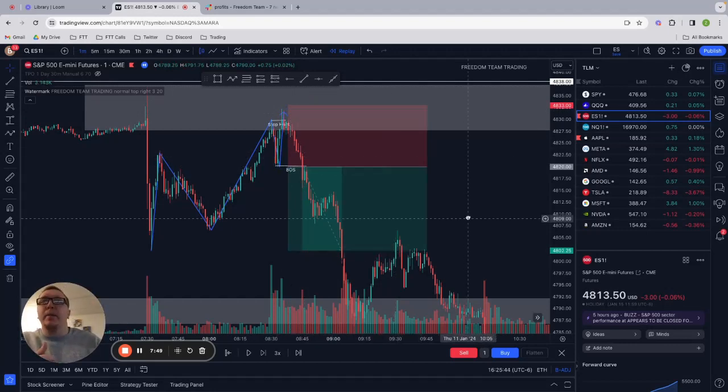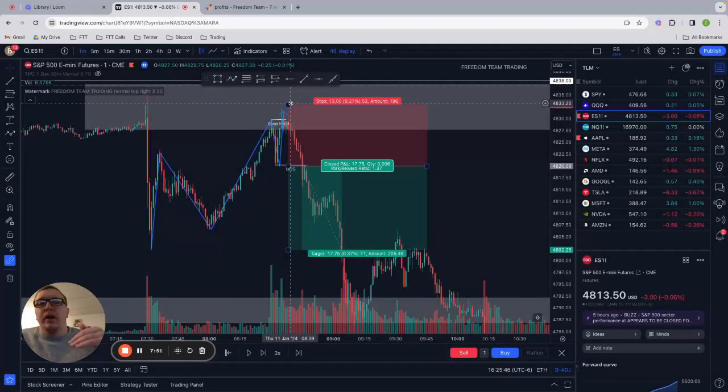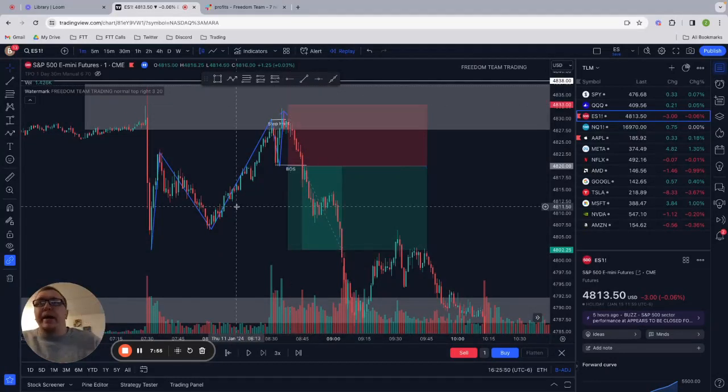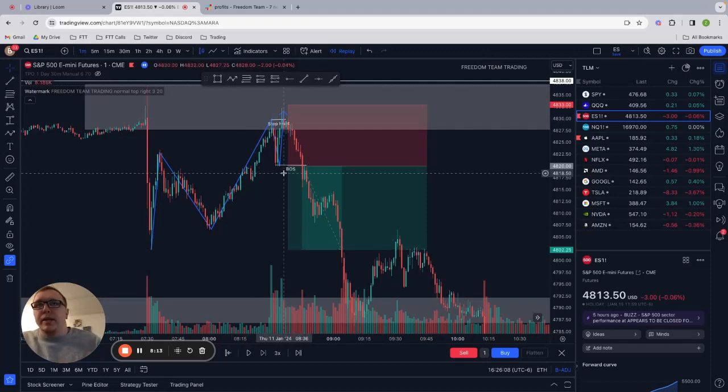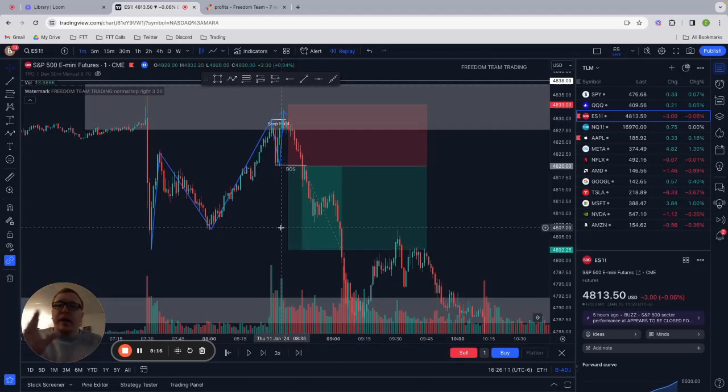I can put my stop above where I think would invalidate my trade idea, and I can target where potential reversals may occur. In order to become profitable, it doesn't take 1,000 indicators and all those things. All it takes is your ability to read price action and understand how trend works.